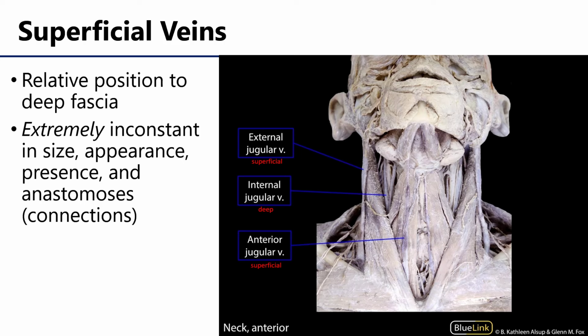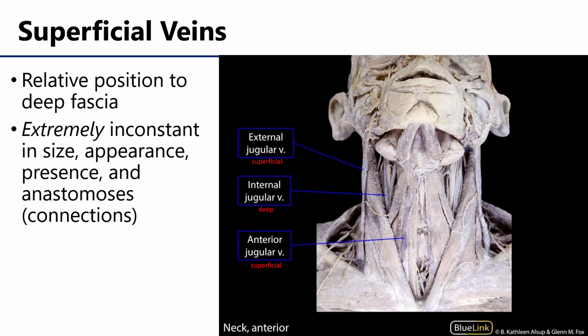And so these superficial veins are some of the most hypervariable of what is already the most variable elements of the vasculature. Superficial veins get their name because they run superficial with respect to the deep fascia, and they are extraordinarily inconstant.